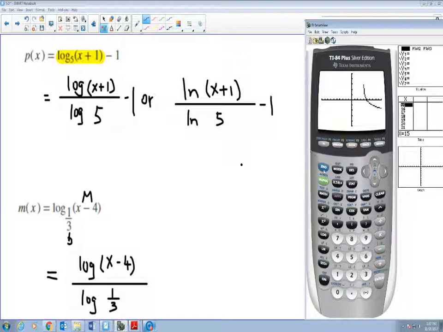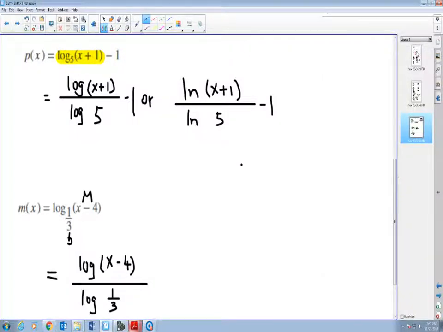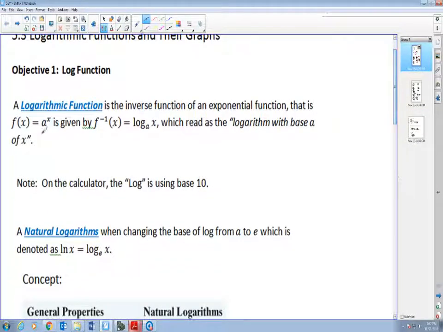By the way, I do want to graph part of this to demonstrate what I illustrated at the very beginning. What is a log function? A log function is nothing but an inverse of an exponential.